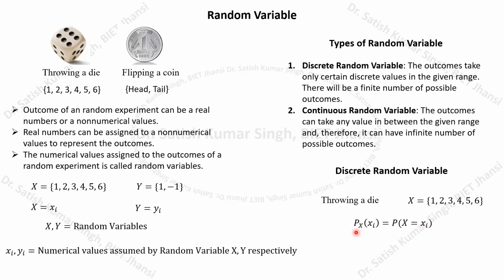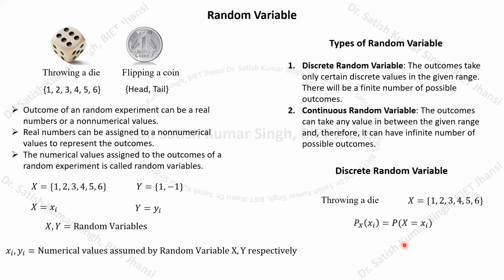So P(X = xi) is the probability that this random variable capital X will take a value equal to xi. In the throwing a die experiment, because there are a total of 6 possible outcomes, the probability of getting 1, 2, 3, 4, 5, 6, all these probabilities are equal to 1 by 6.